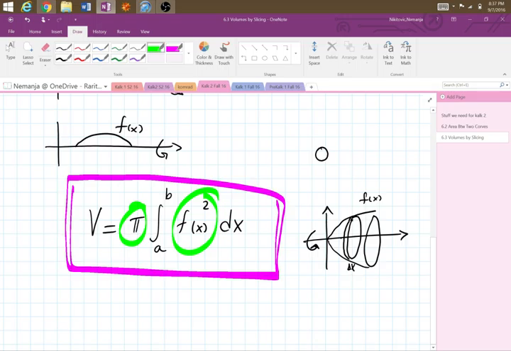That's your r. Now some textbooks will call this function r of x. So I hope you see the base for the area. Area of the base is pi r squared times dx, which is the height of the disk. If you take this disk and put it flat on the ground, dx becomes its height. And that dx goes from a to b to capture the entire thing, adding all of the disks together.